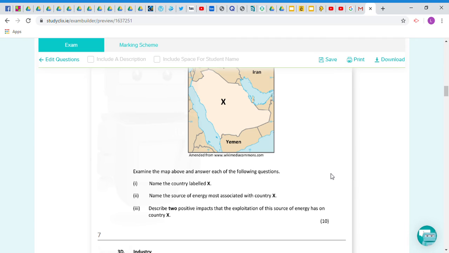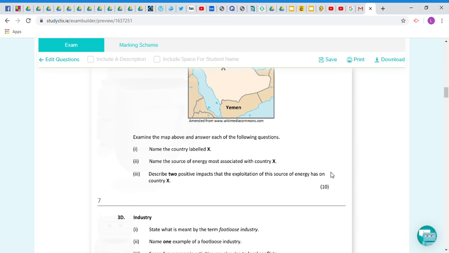And point 2, oil revenues has allowed Saudi Arabia to develop its large cities such as Riyadh. So we're describing. They sell oil, they get revenues, and from that they are developing different sections of their economy.